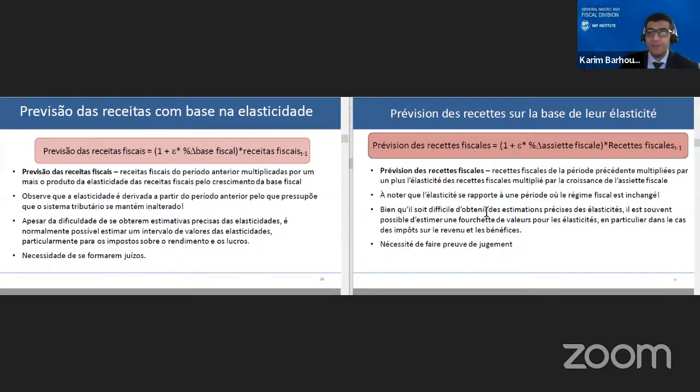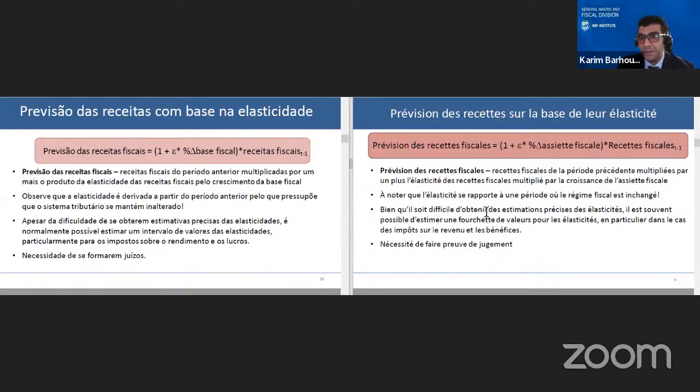Sometimes this information is mainly based on the same country's experience, and you have to compare a country with others with the same income and economic structure.